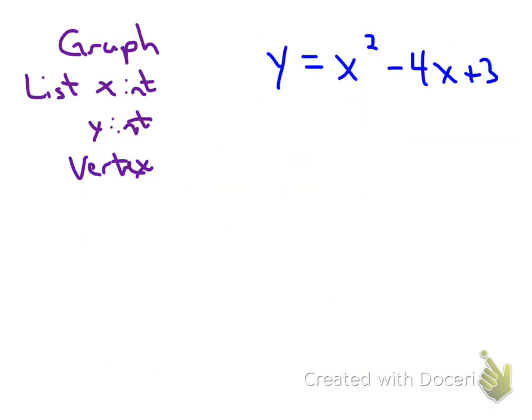With this quadratic, graph it, and in doing that, write your x-intercepts, your y-intercept, and your vertex. Go ahead and pause that. All right, so the first thing I want to take a look at here is I know the y-intercept is right here at 3. So if I'm going to graph that, I can right away put my y-intercept at 3.